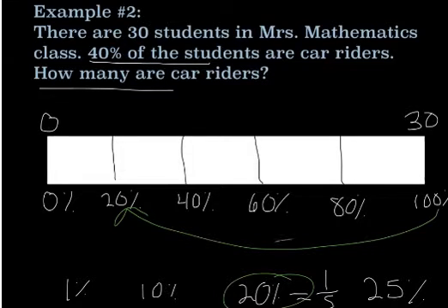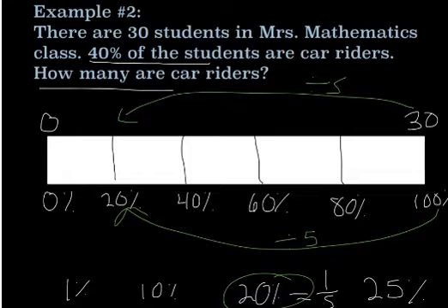Now, in order to arrive at 20, you need to divide 100% by 5. Same applies to the number of students. To get the value equivalent to 20%, you need to take the total divided by 5, and that is 6. So the next value, 40, is obtained by taking 20% times 2.